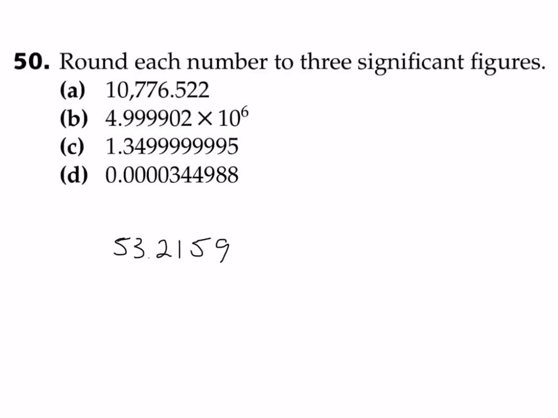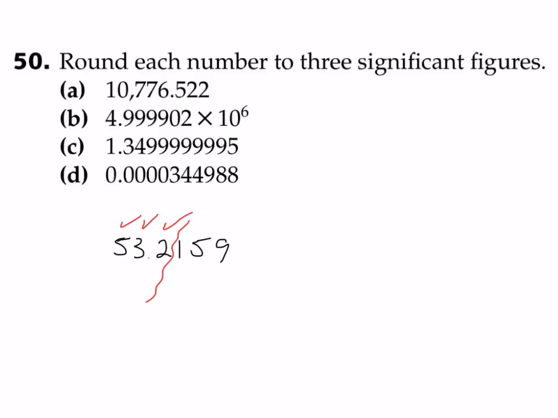And we talked a little bit about rounding in lab, but your directions for 50 are to go ahead for each of these quantities, give only 3 significant figures. And I think I mentioned this, but when you're rounding and you have to round to a certain number of significant figures, you start at your left and go to your right. So I just threw up 53.2159. So I'm only allowed 3 significant figures. So I'm going to start at the left.